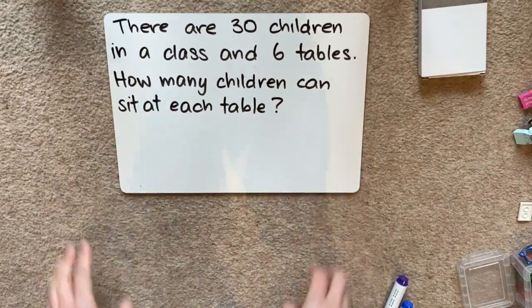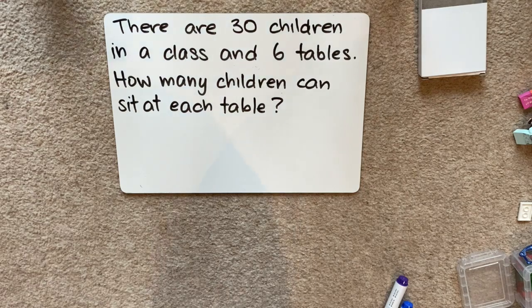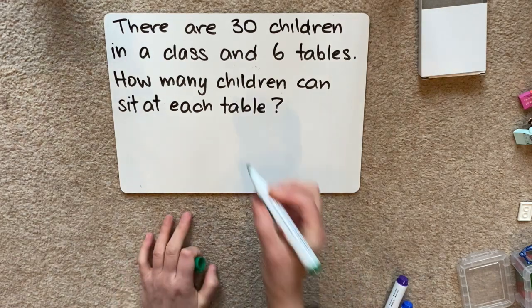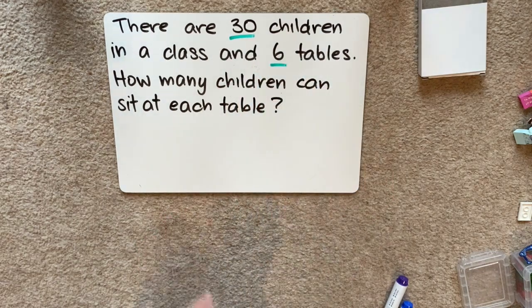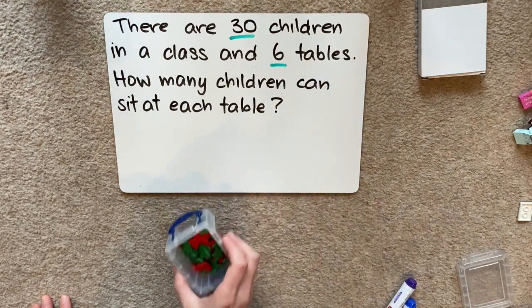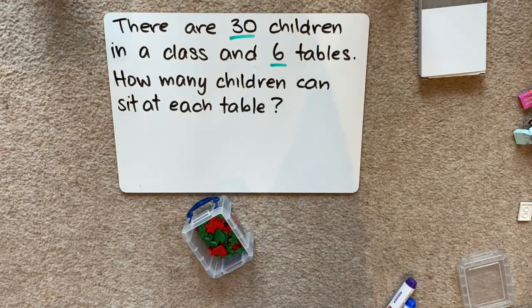There are 30 children in a class and 6 tables. How many children can sit at each table? So the numbers that we're going to use, 30 children and 6 tables. Okay, I don't have 30 Lego characters, but I do have 30 buttons. So I'm going to use 30 buttons.